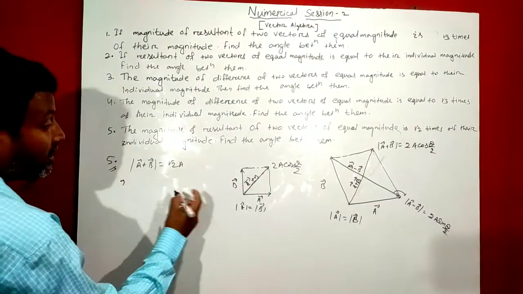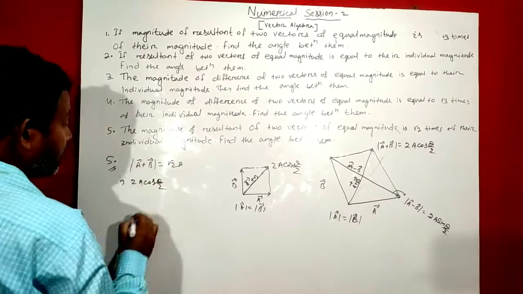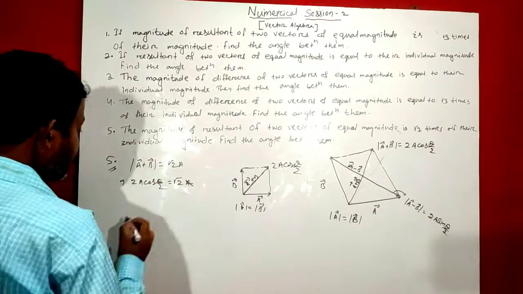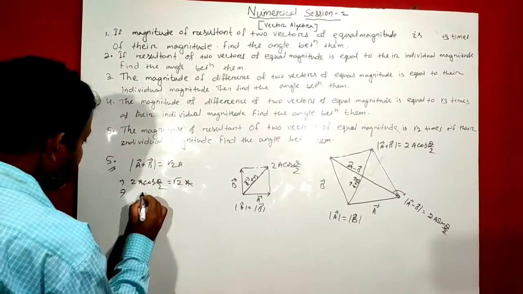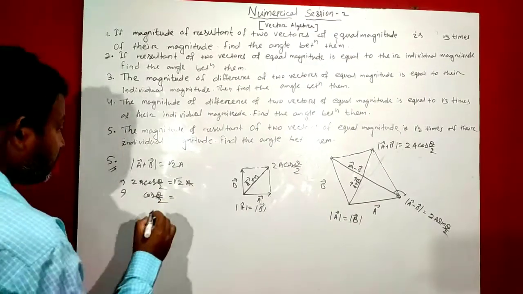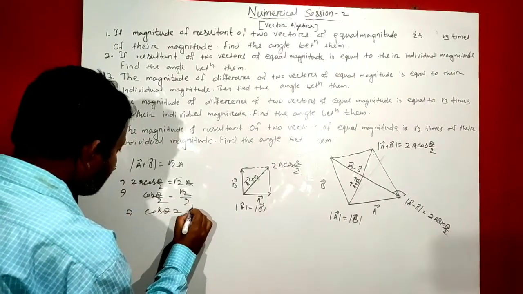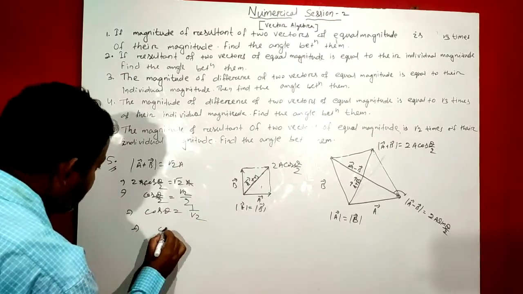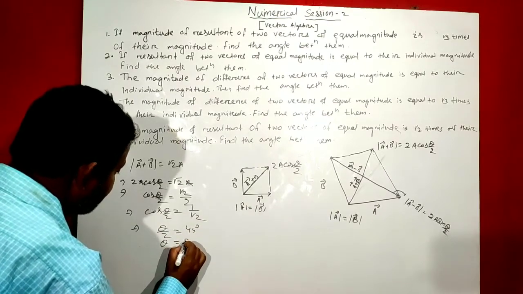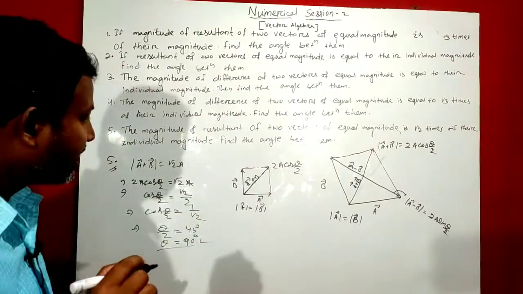So 2A cos theta by 2 is equal to root 2 A. A cancels. So cos theta by 2 is equal to root 2 by 2, that is 1 by root 2. Theta by 2 is equal to 45 degree. That is theta equal to 90 degree. The angle between the two vectors is 90 degree. Our answer is 90 degree.